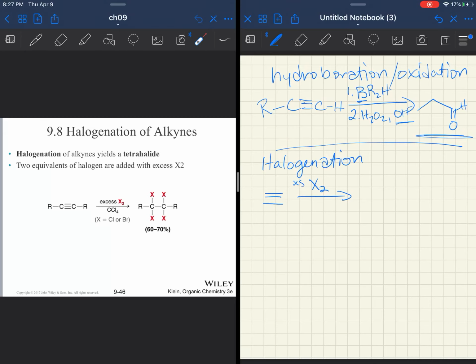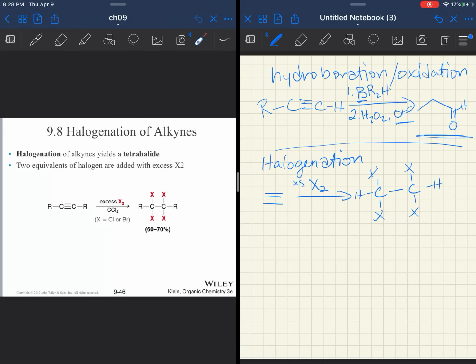We're going to move on to halogenation next. That's going to be taking our alkene and reacting with excess halogen. We could put excess here. You could use one equivalent and get it to add once, but this one is kind of hard to control.